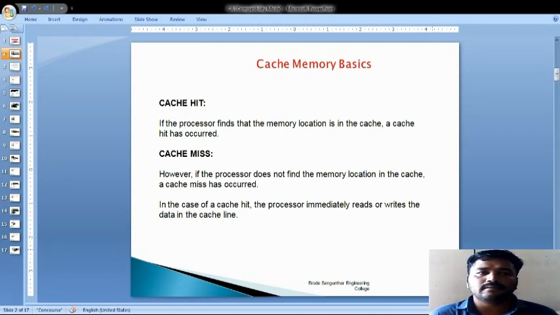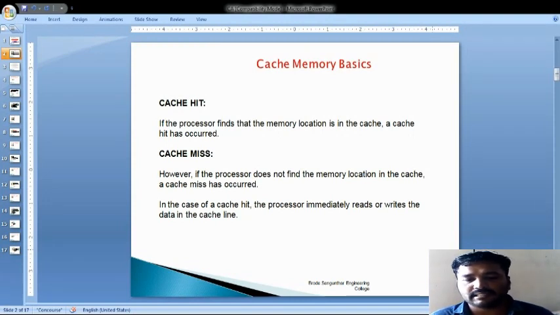So cache memory is closely related to the fastest access of data in terms of the memory management hierarchy.